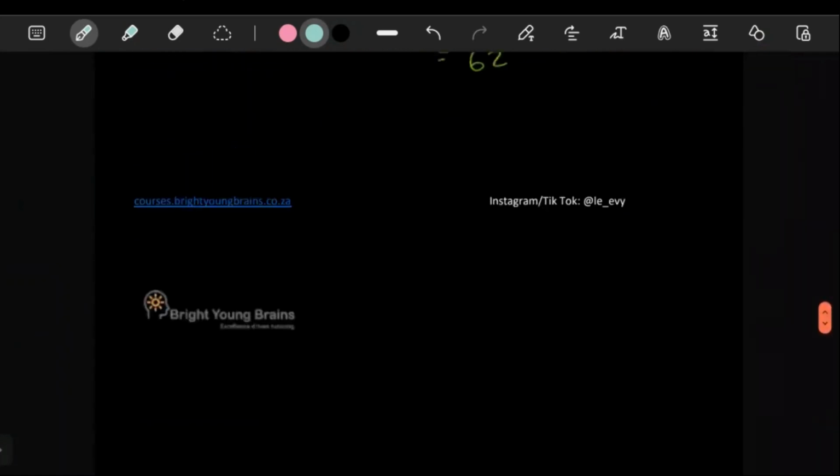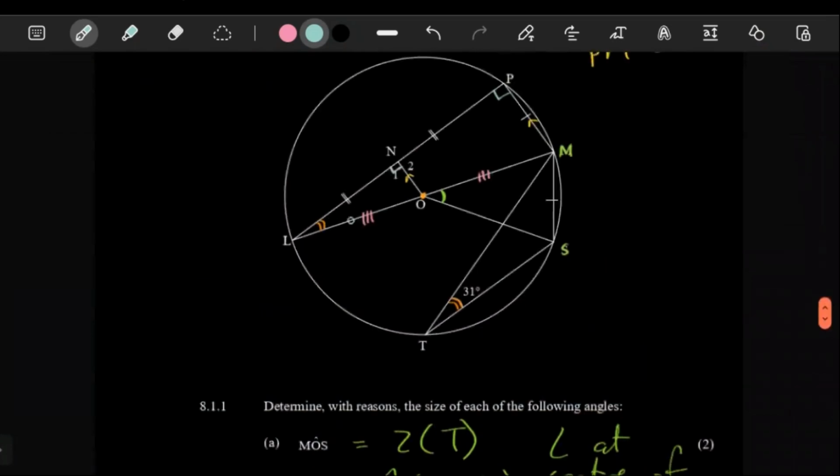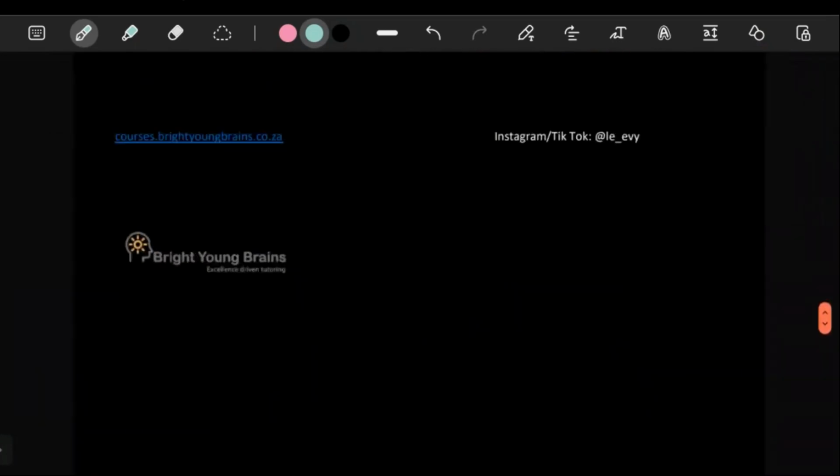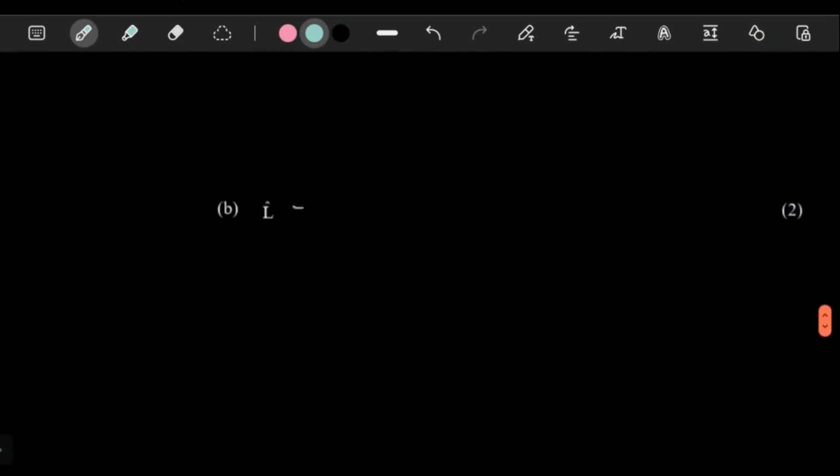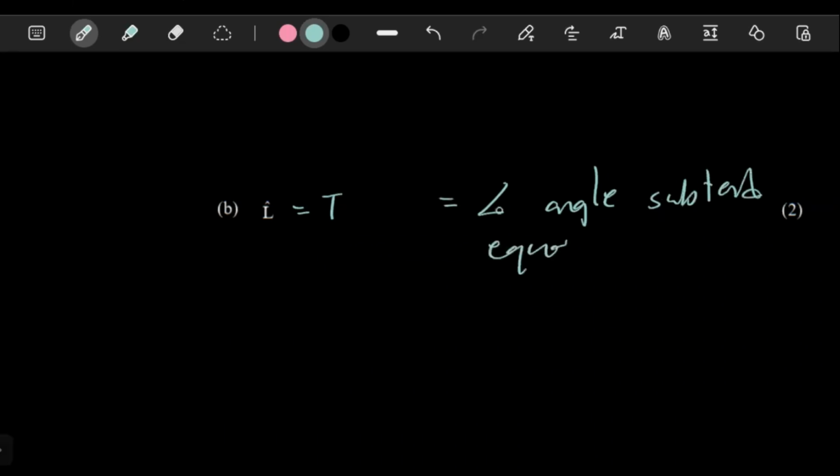So the next question is asking for L. L is over there. We said it's equal to T because they are equal chords subtending equal angles. So L here is equal to T. The reason is equal chords subtend equal angles.